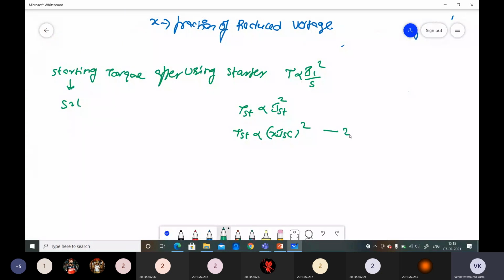Now this is equation 2. Equation 1 is full load torque proportional to full load current square by full load slip SF. Now divide equation 2 by equation 1.